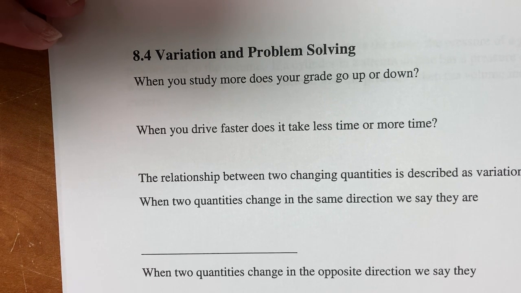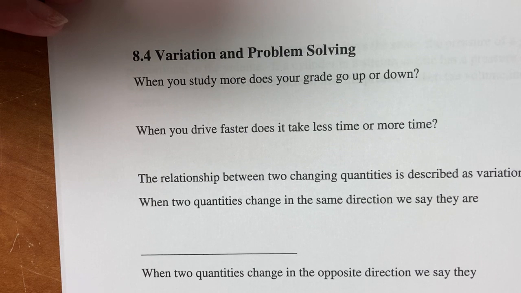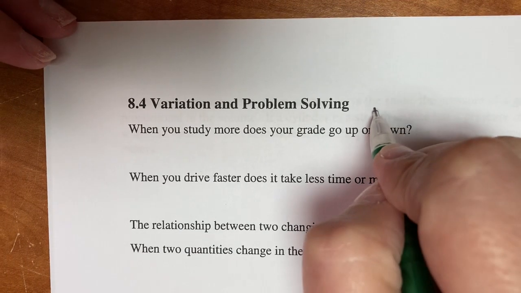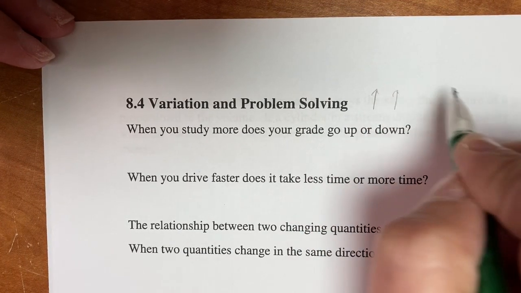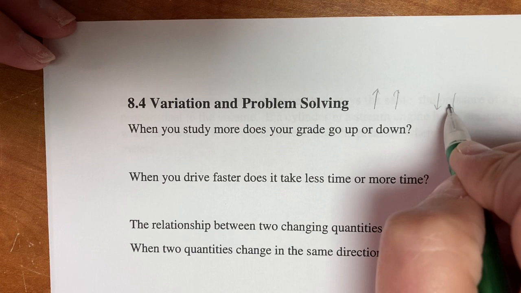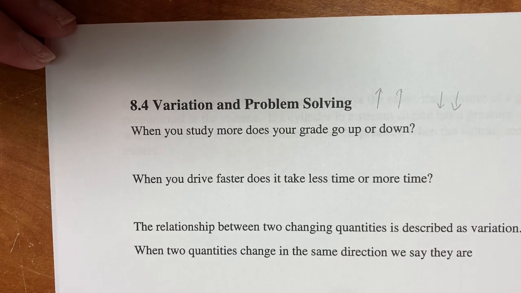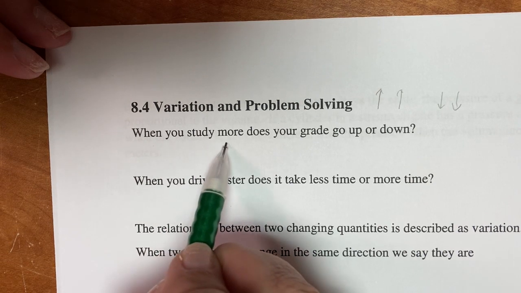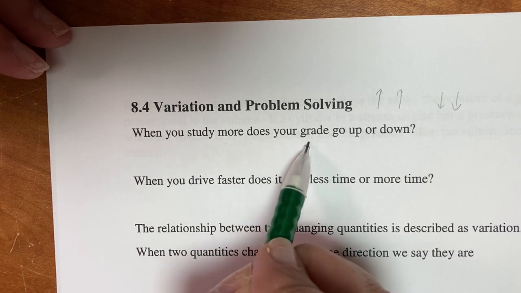Direct variation happens when both entities, or both things, are going in the same direction. In other words, when they're both rising or when they're both falling. That is direct variation. So look at this first thing. When you study more, does your grade go up or down?